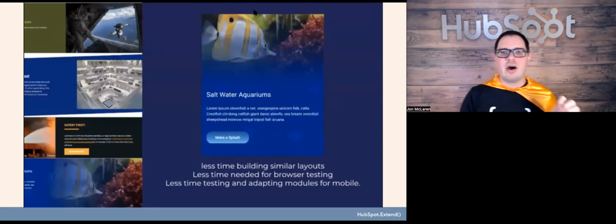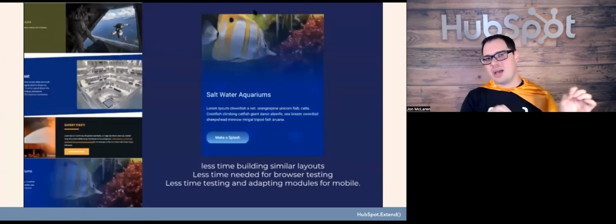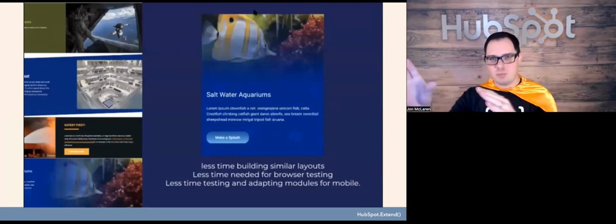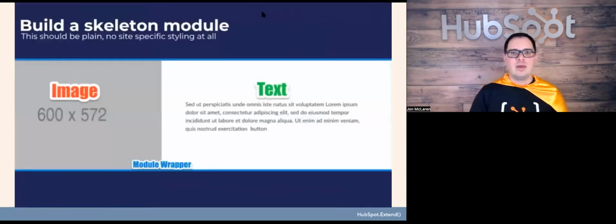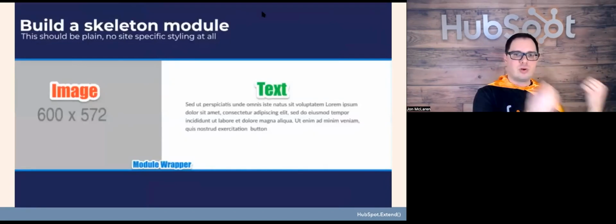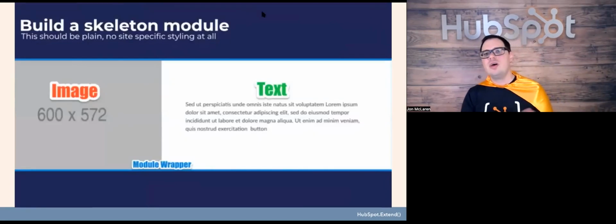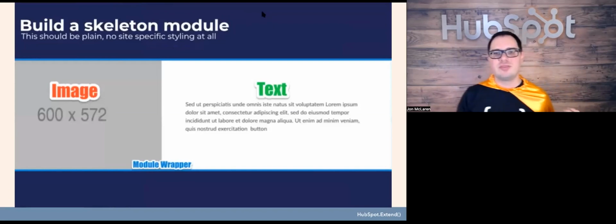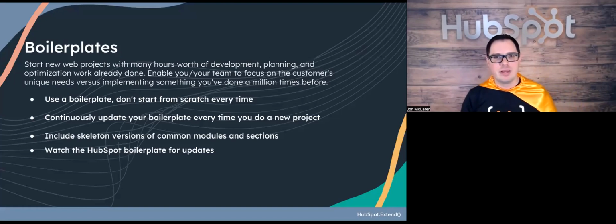That way, all you need to do is tweak some styles to implement similar designs for multiple clients. And what I mean is to separate the required structure of a module from the company's specific visual flair that you add to it. That way you can reuse that module for every site you create. Good work, me from 2018.